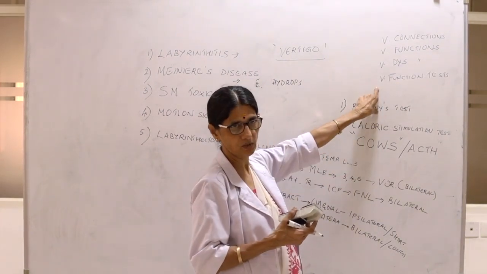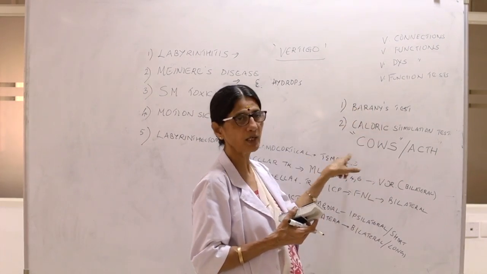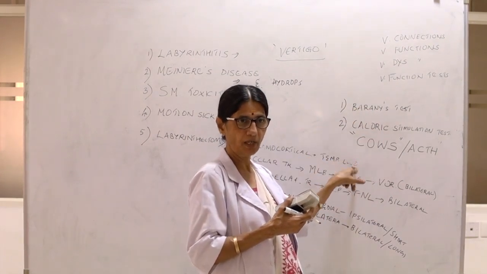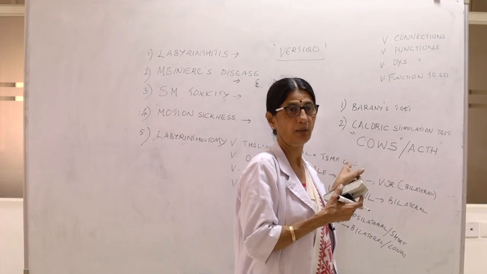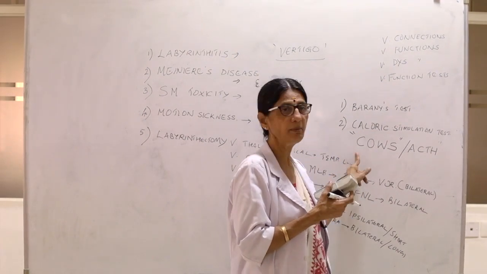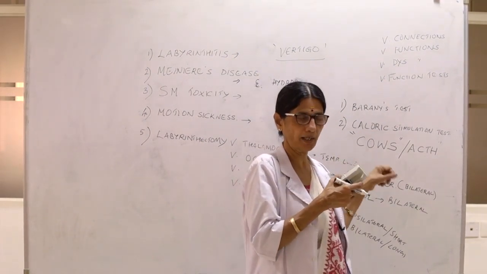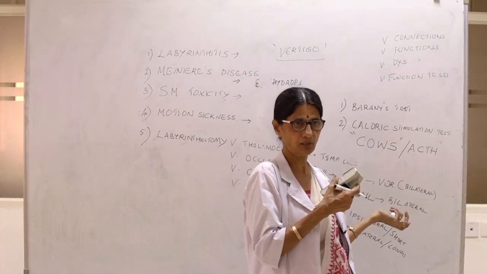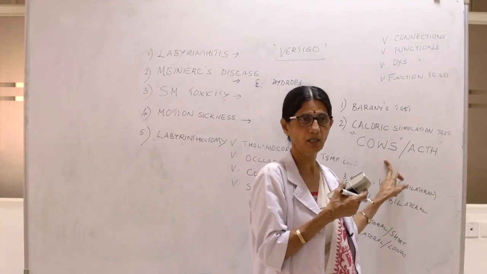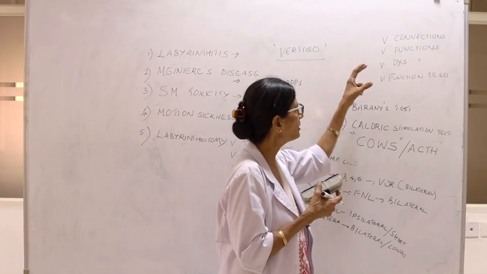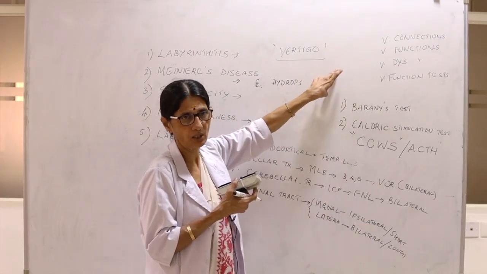In caloric testing, cold is usually done first because it acts as an inhibitory stimulus, whereas warmth acts as an excitatory stimulus. That is how vestibular function can be studied.